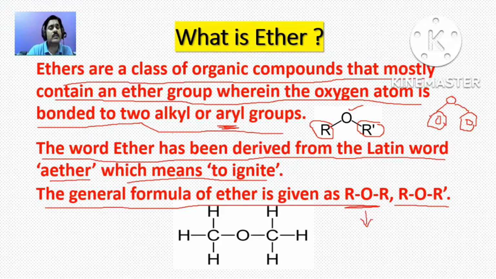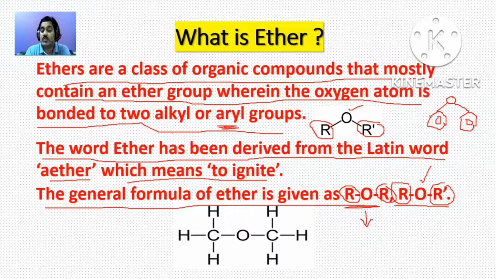Symmetrical ethers. What are symmetrical ethers? Symmetrical ethers are those ethers in which the alkyl groups are identical, or we can say the alkyl groups are the same. Similarly, unsymmetrical ethers are those ethers in which the oxygen atom is bonded with two different alkyl or aryl groups.